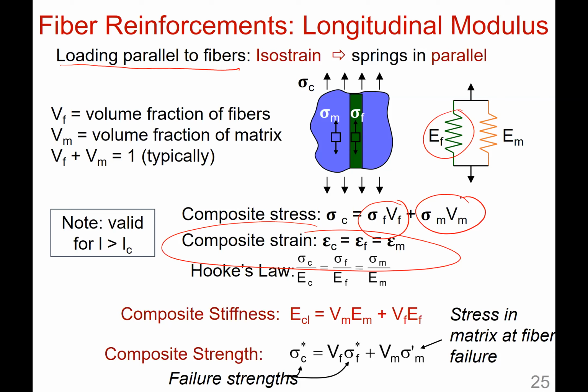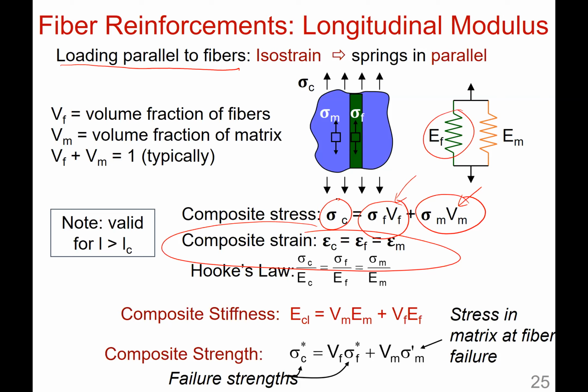So if you're loading 10% by volume, 20, 30, 40, 60% by volume fiber, that is going to be 0.1 for fiber. Let's say you load 60%, that would be 0.6, and then your matrix will be 0.4 by volume. So the stress experienced by the composite is going to be that linear combination.